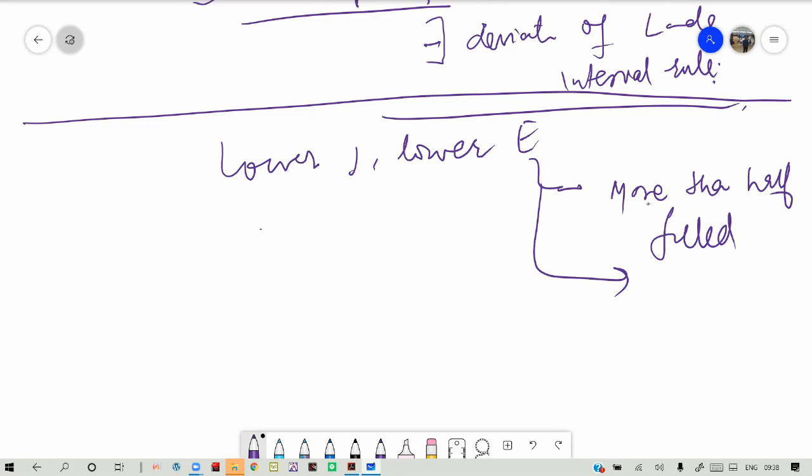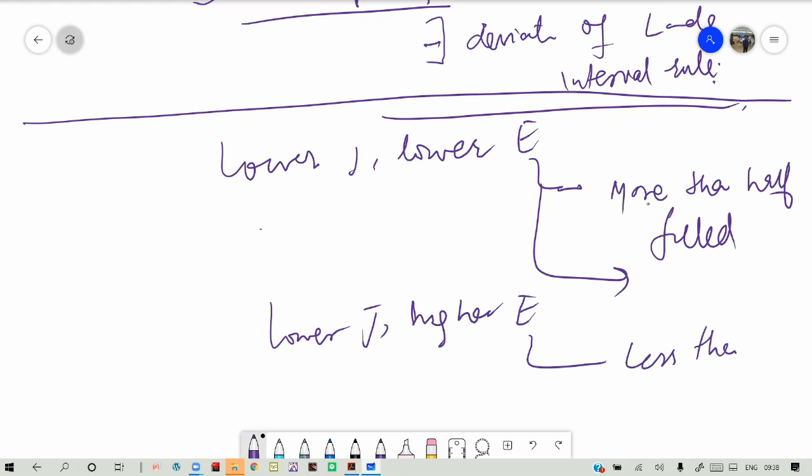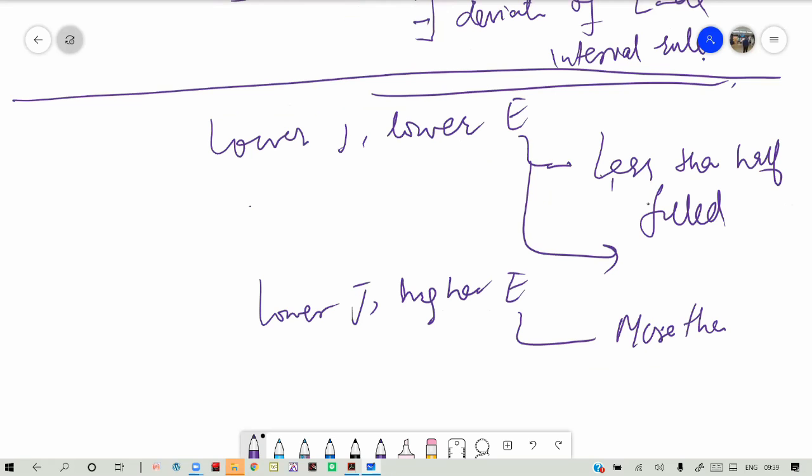And it is lower J, higher E when it is less than half filled. So this is for less than half filled, and this is for more than half filled.